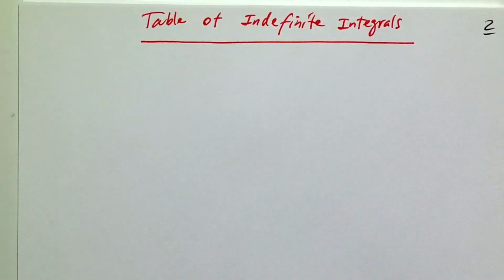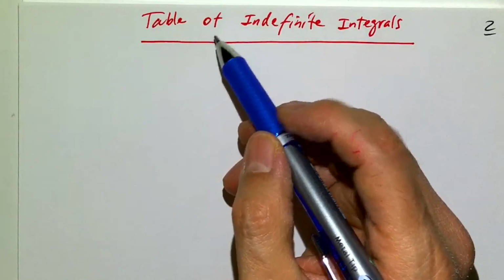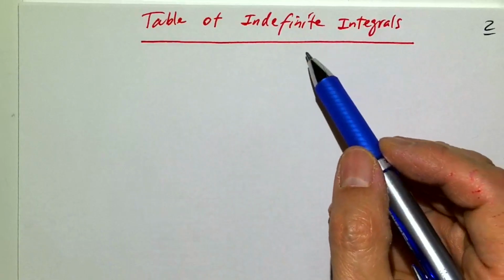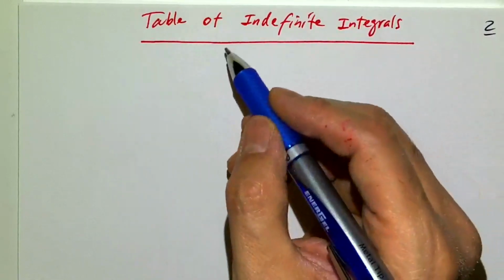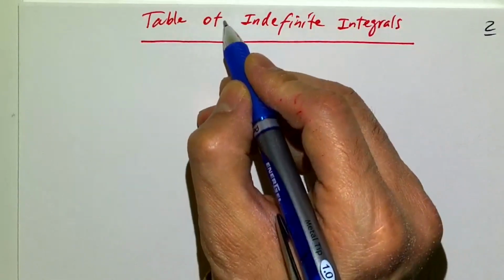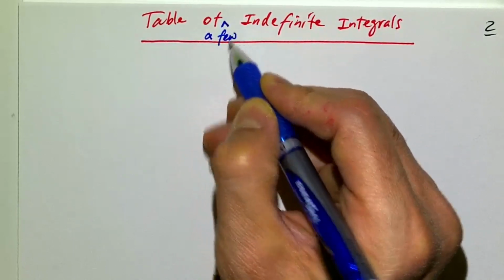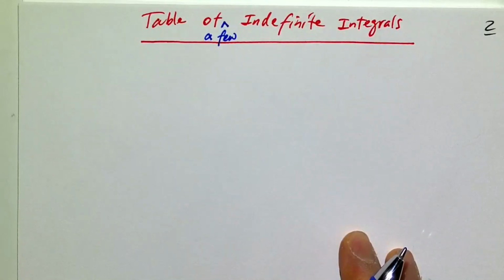Okay, and just so that we remember that this is not all of them by any means, this is just a fraction of those formulas. Let me just insert here: table of a few indefinite integrals.